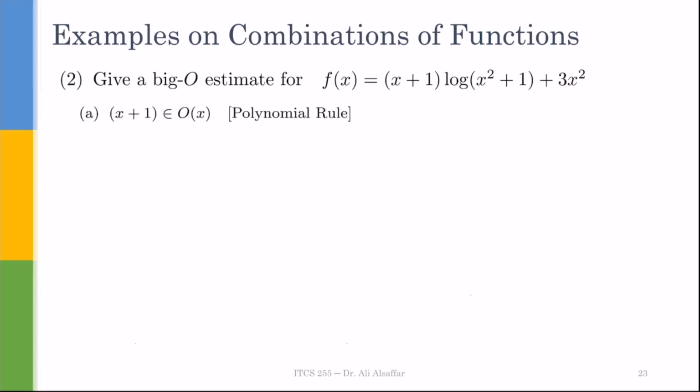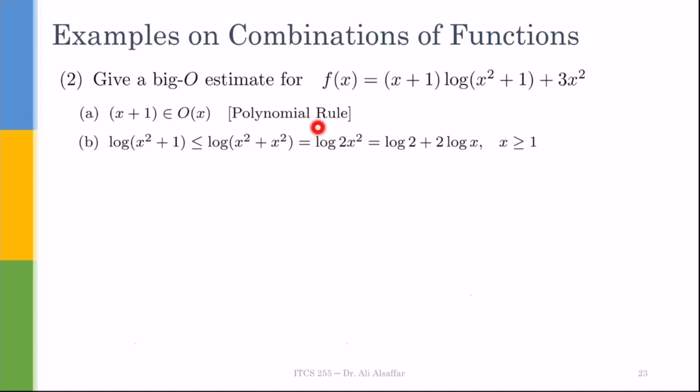So let's go for x plus 1 first. x plus 1 belongs to big O of x according to the polynomial rule. Next is log of x squared plus 1. Now we need to simplify it. So we will replace 1 by x squared, and we add the two x squares, we will get log 2x squared.